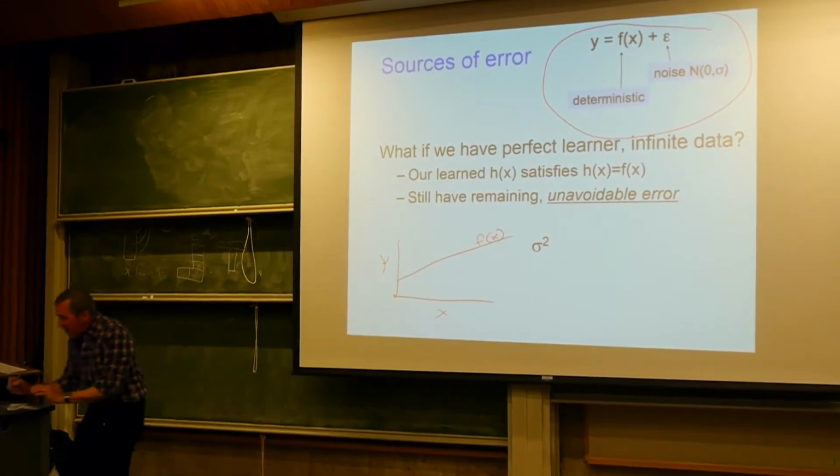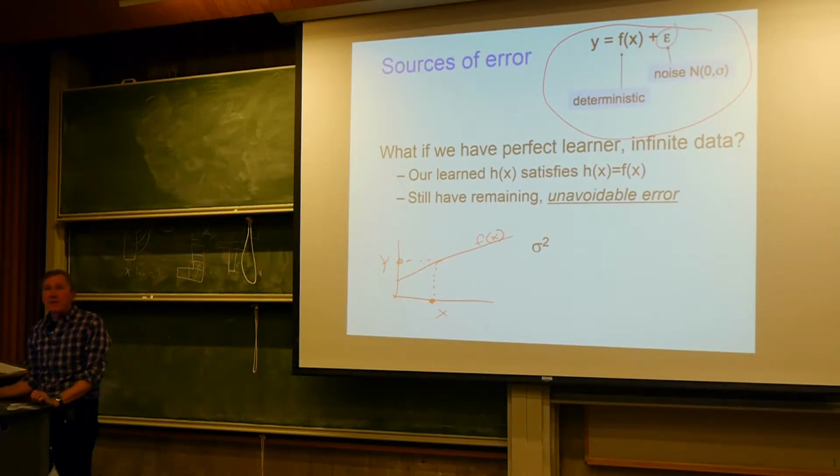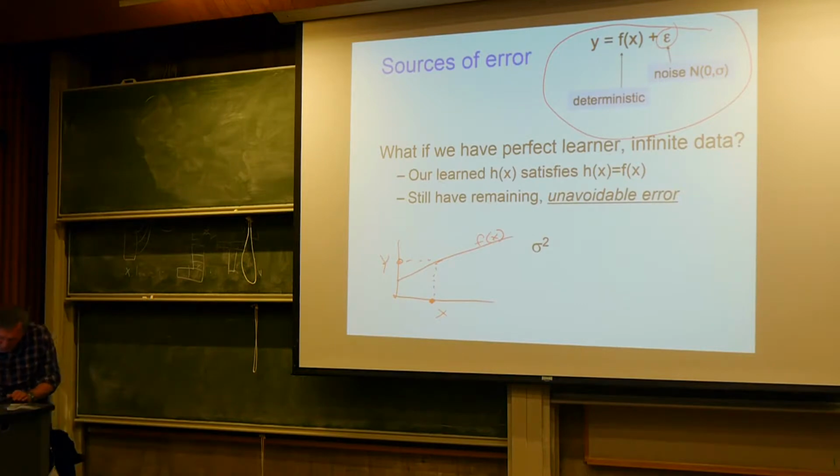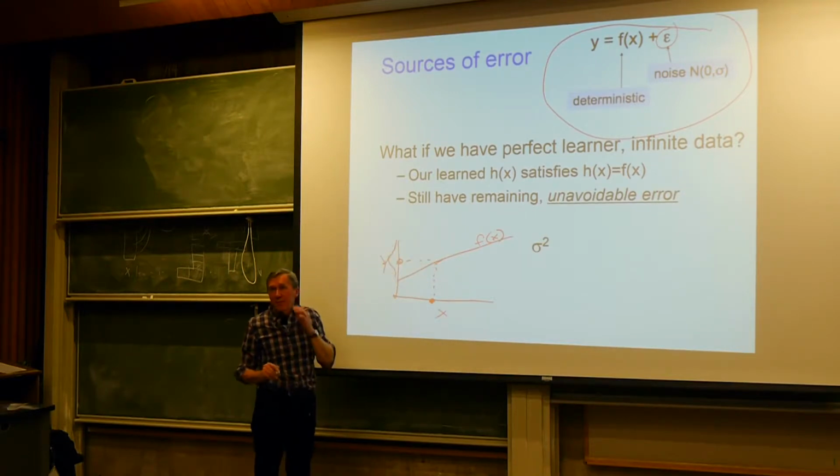So for example, if I use this particular x, f of x is just this value. That's what I'll see, plus whatever the random noise is. And that random noise will be zero mean Gaussian noise. So the actual y that I'll observe will be sampled from a Gaussian distribution centered at f of x.